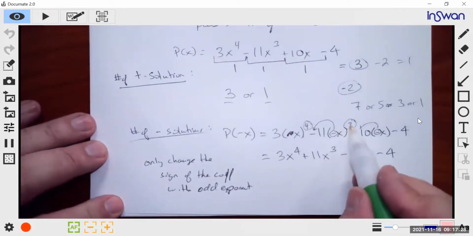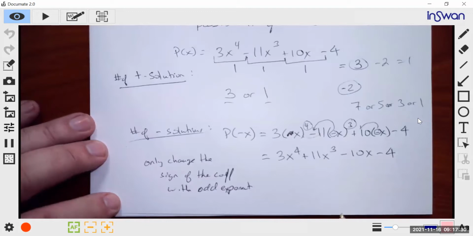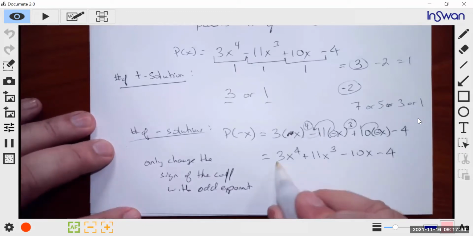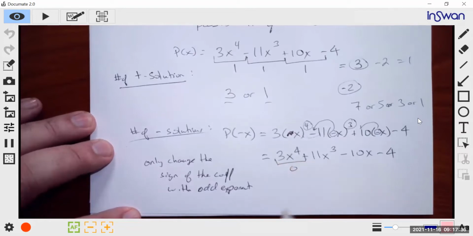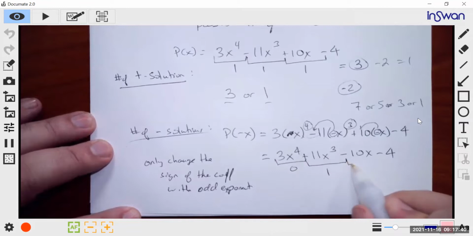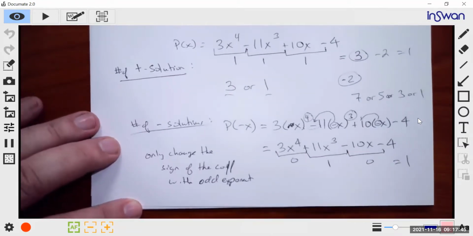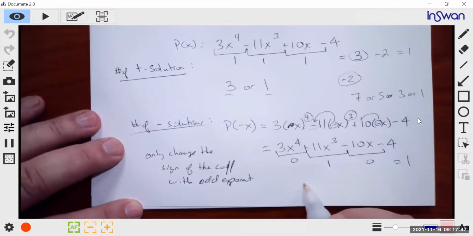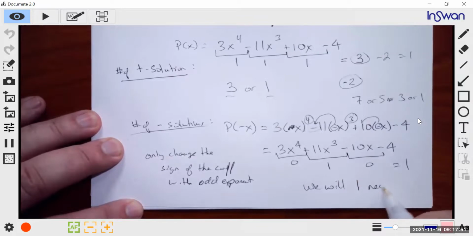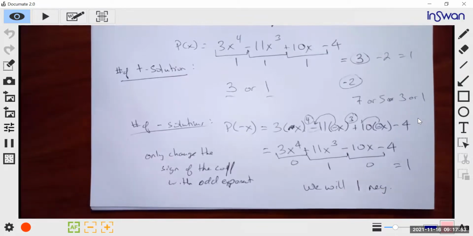So if you have an odd exponent, just change the coefficient. Now let's look at the signs. Positive and positive, nope. Positive to negative, yep. Negative to negative. We will have one negative answer, because you can't subtract 1 by 2.